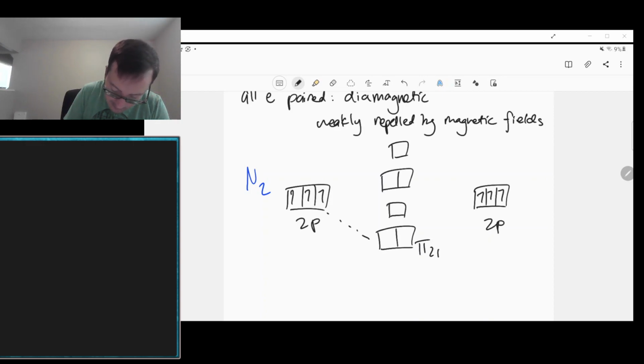We have pi 2p, sigma 2p, pi star, sigma star.